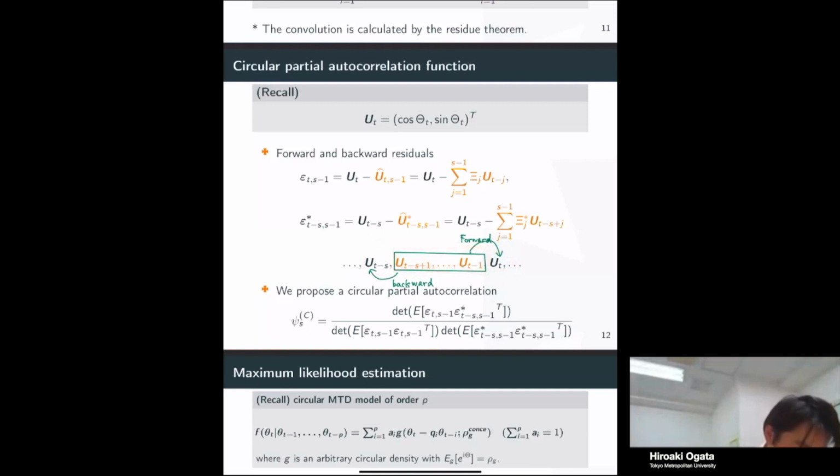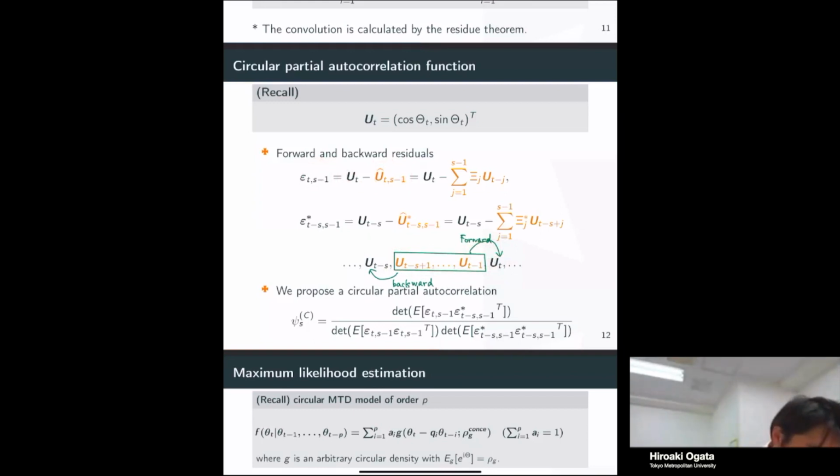So we subtract the effect of intermediate objects like this. This ε_t^{s-1} is U_t minus this forward predictor. Using this object, we predict U_t, and subtract this one. Then we get the forward residuals, ε_t.